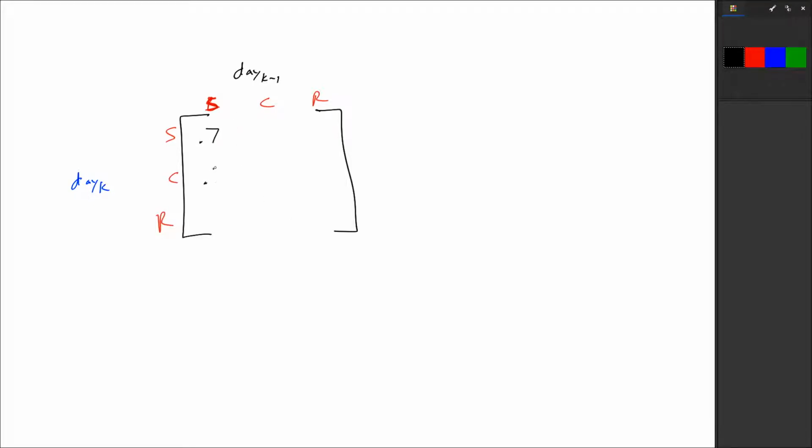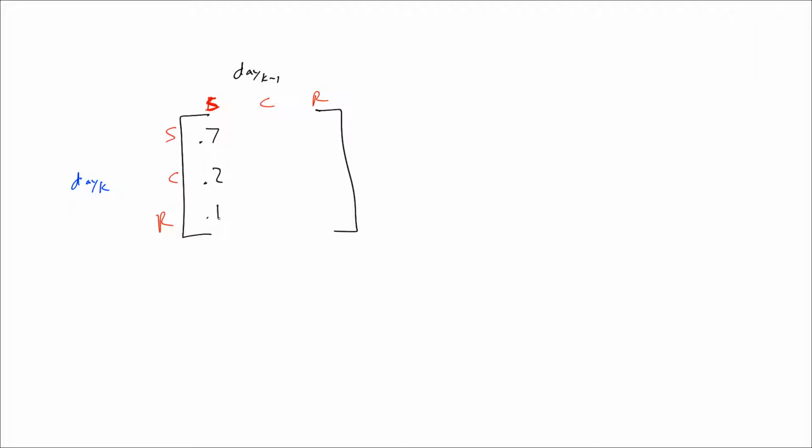My first column is going to be this, which hopefully you remember from a moment ago when we had our 3 conditional probabilities. And that's because this thing right here means what is the probability that it's sunny on day k, given that it is sunny on day k minus 1. Because this is the sunny column for day k minus 1, and it's the sunny row for day k.